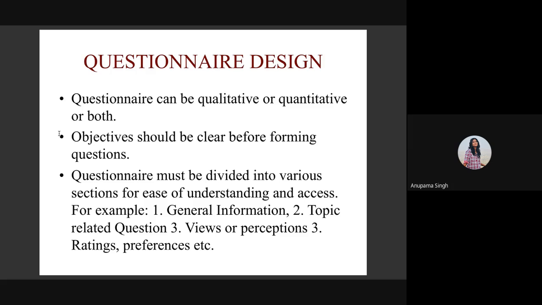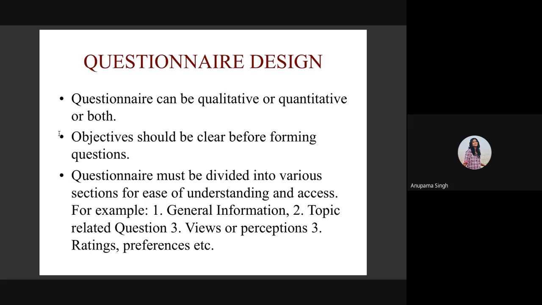For example, the name, which is normally not disclosed, so we assign some kind of unit, okay? So the name is there, and then the age, and then we have sex, then we have date of birth, right? These are general information. Then we have caste, right? And we have monthly income. These are general. Socio-economic information are mostly general information, the level of education, etc. So this can be put in one section, right?